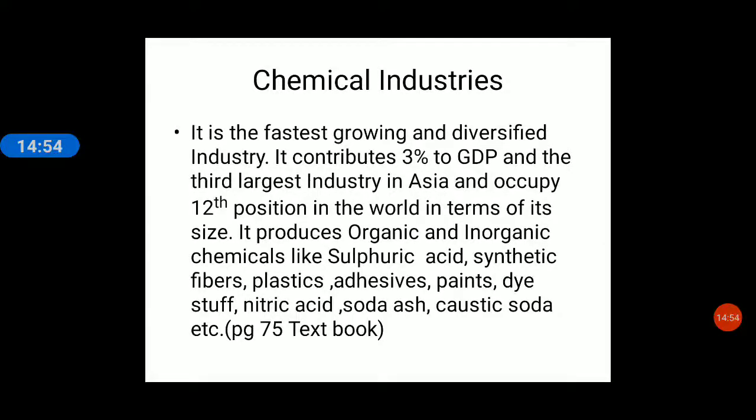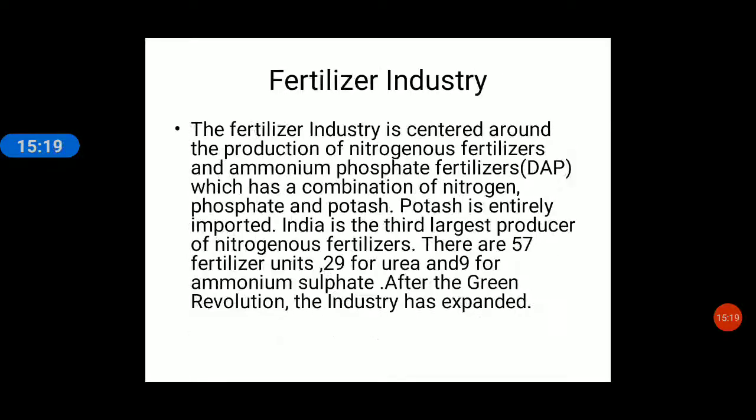Dye stuff, nitric acid, soda ash, caustic soda, glass, paint, insecticides, pesticides, cosmetics, whatever you talk about, these products are made in the chemical industries. It can be organic or it can be inorganic. You can refer to this on page number 75 in the textbook.